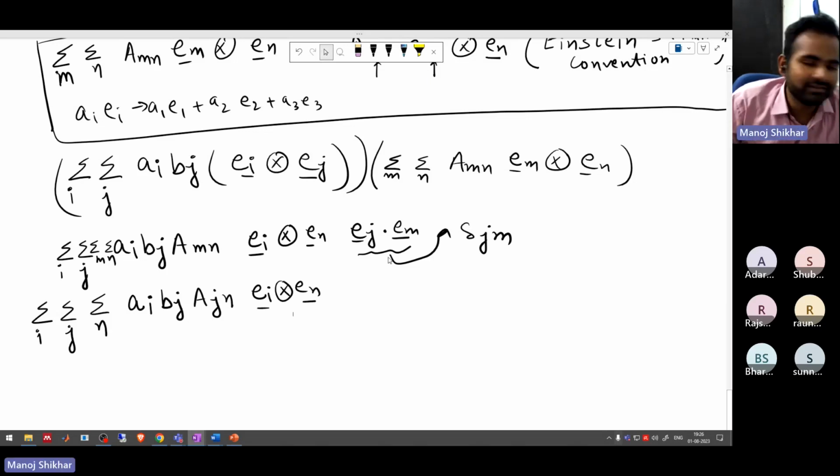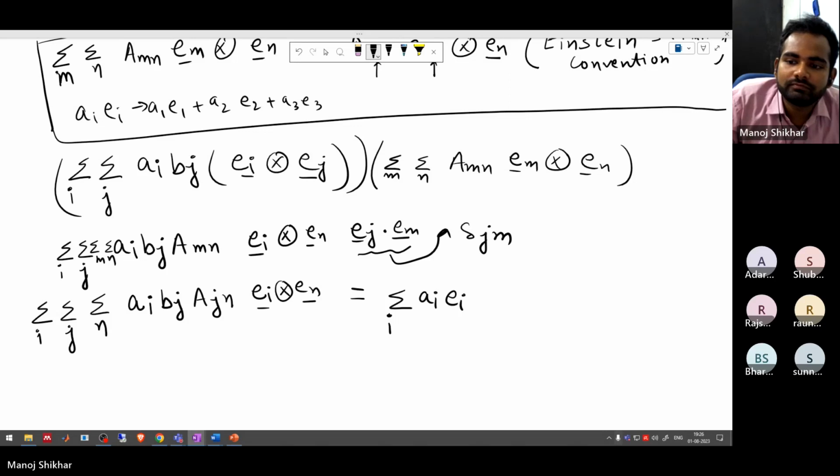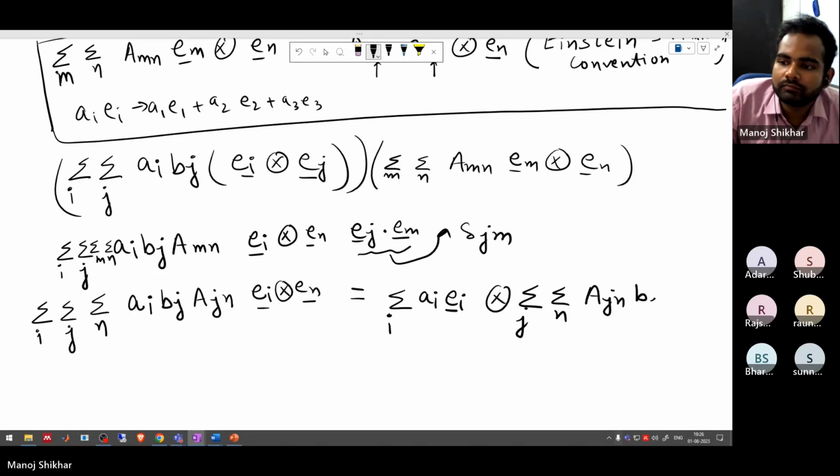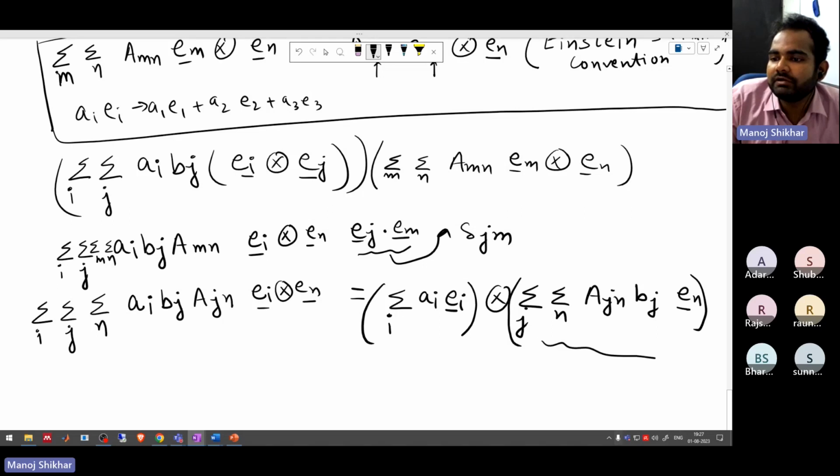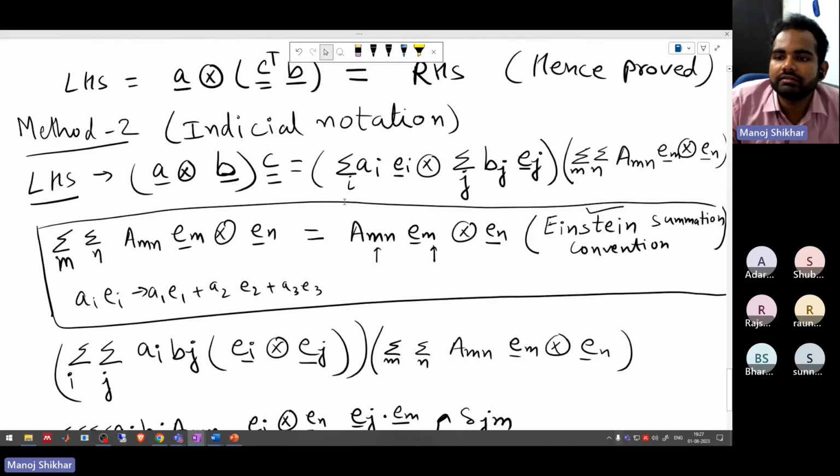Now we will use one trick here. What we will do? So if we prove that this is equal to A transpose B. Oh, sorry. Why am I carrying A here?